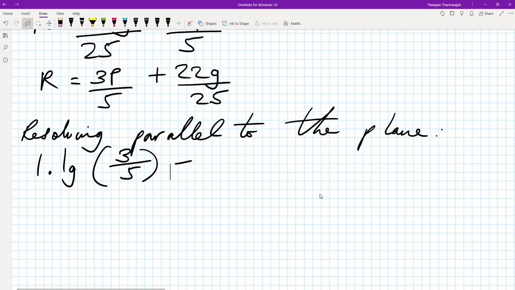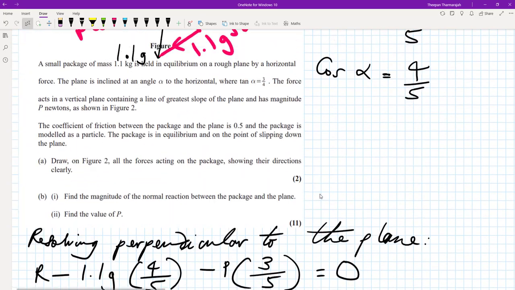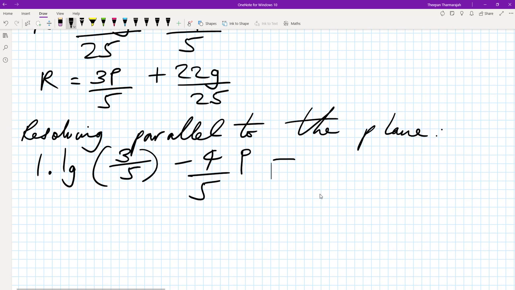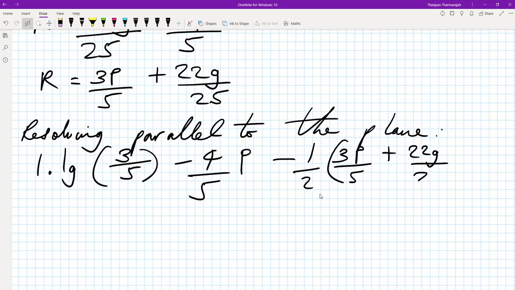So cos alpha is 4/5, so that's minus 4/5 of P, minus the other force going up, which is 0.5 times R. So in our case, that's going to be 1/2 times 3P over 5 plus 22g over 25. So it's in limiting equilibrium, so we're going to make this equal to 0.